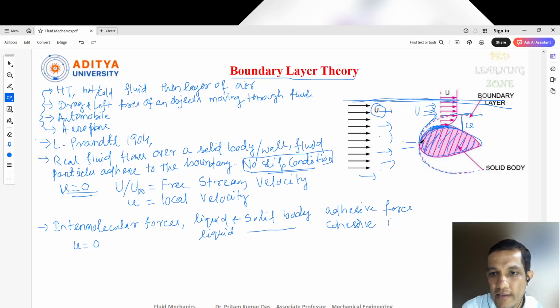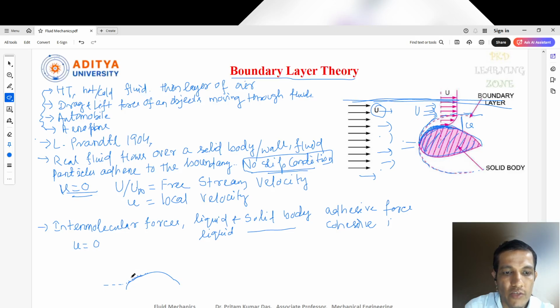Now similarly, it will take some time. So how is this boundary layer formed? Near the boundary, this is the boundary of the solid body. When the liquid is flowing here, it will come like this. At this point we get 0.